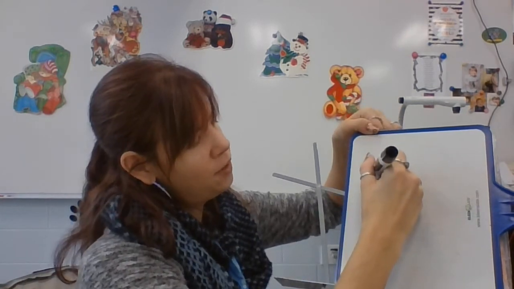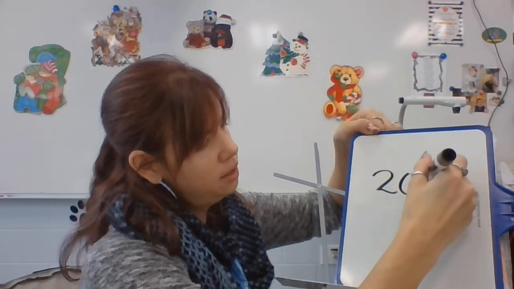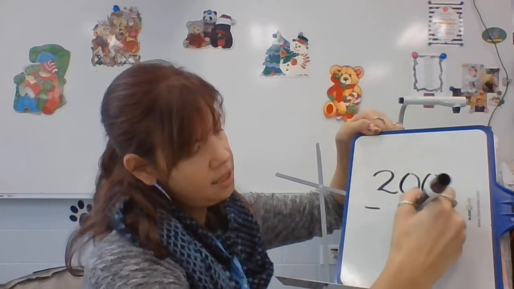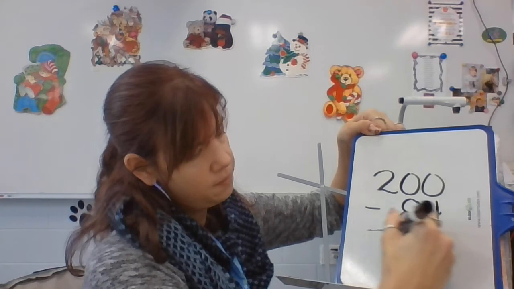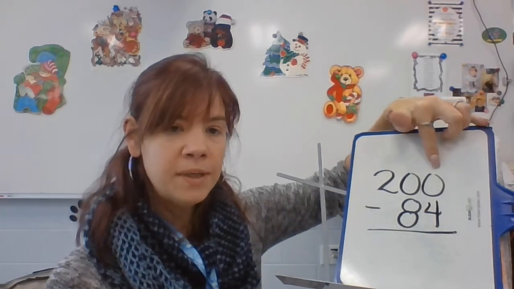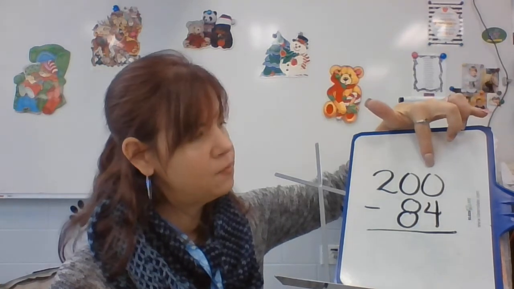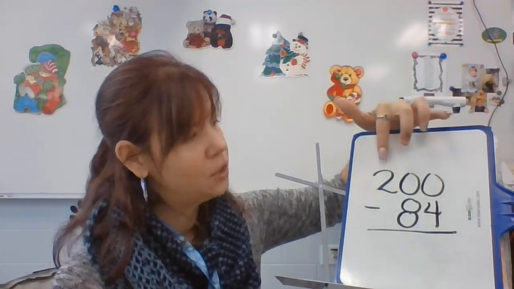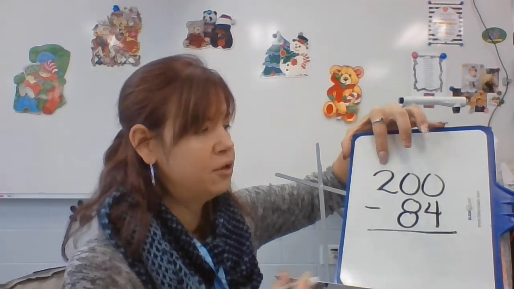All right, our fourth one is 200 minus 84. All right, again, starting at our ones place, I can't subtract 0 minus 4, so I go next door. I can't subtract 0 minus 8, so again, I have to come all the way to the hundreds place.